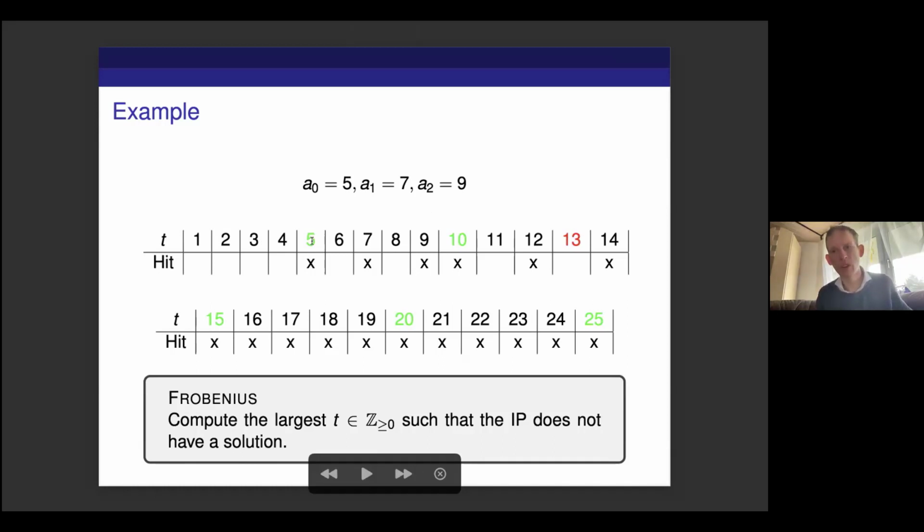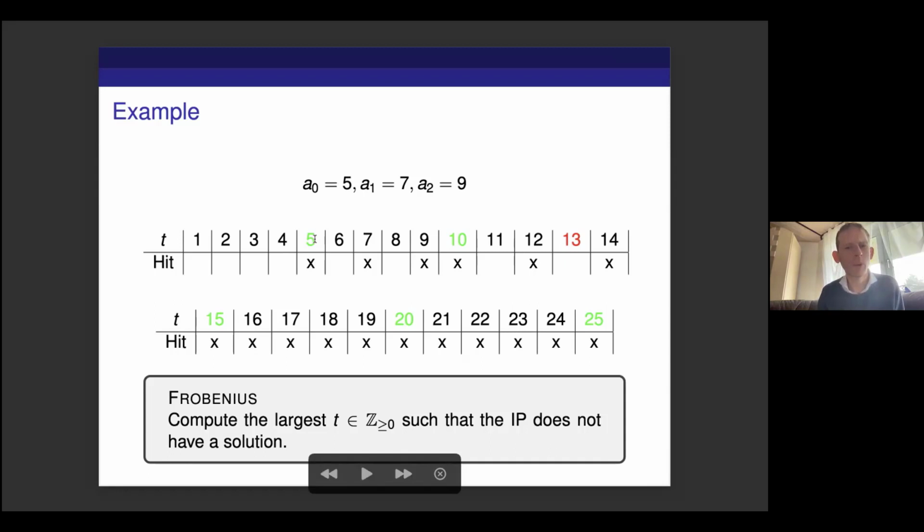In that case we say T is a feasible target value. For example, here we have item sizes 5, 7, and 9. Of course, we make crosses at 5, 7, and 9, and then at all multiples of 5.